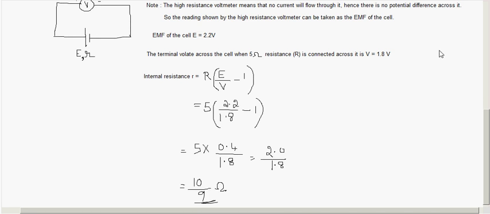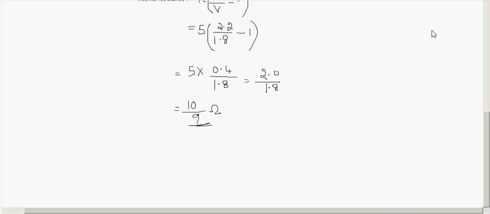The internal resistance r is equal to 10 by 9 ohm.